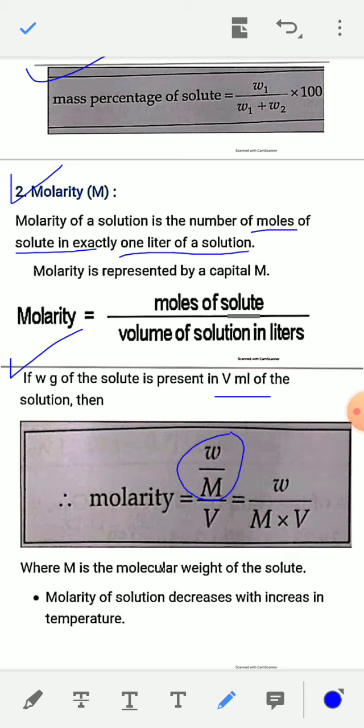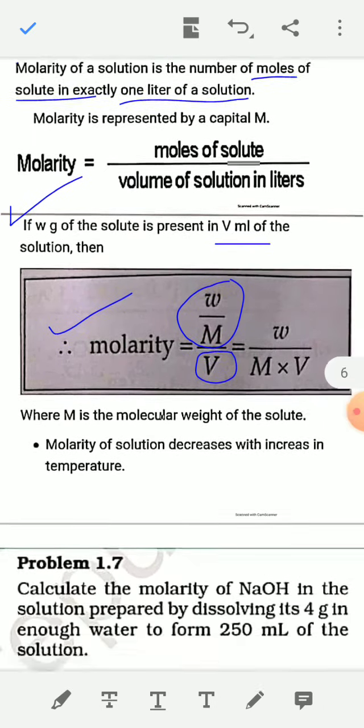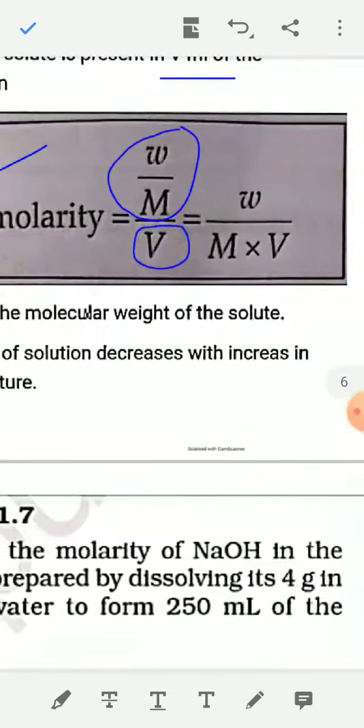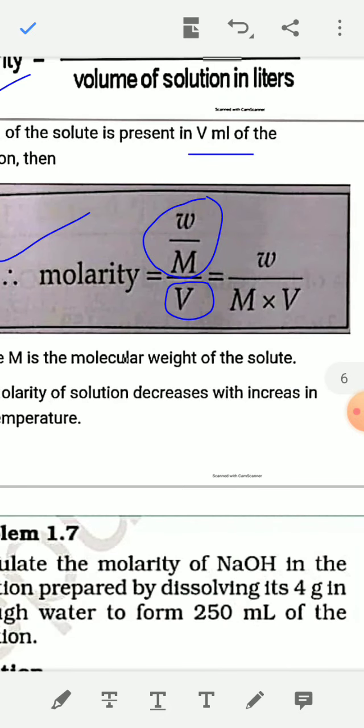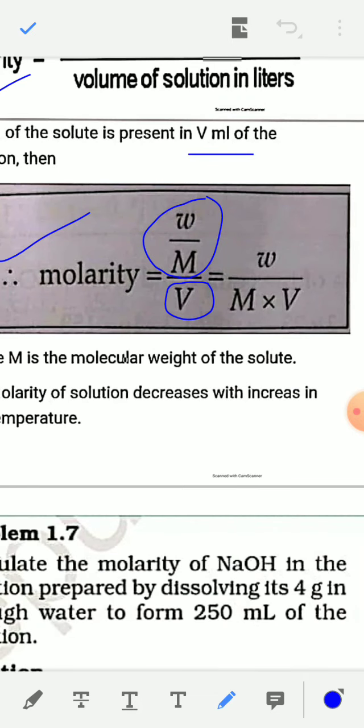W by M is the number of moles of solute, divided by volume of the solution. So molarity is equal to number of moles, that is W by M, divided by volume of the solution in liter, that is V. But if the volume of the solution is expressed in milliliter, then you have to multiply this equation by 1000.